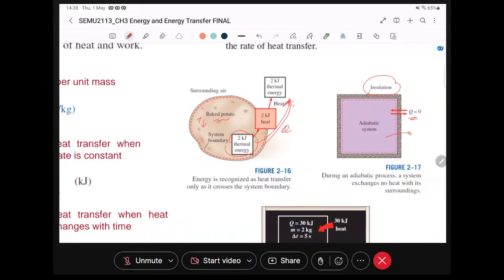Okay, for instance, like your thermos that you use to contain hot water, even though eventually there are still some heat losses, the insulation is not so good. There is still a very small amount of Q going out.